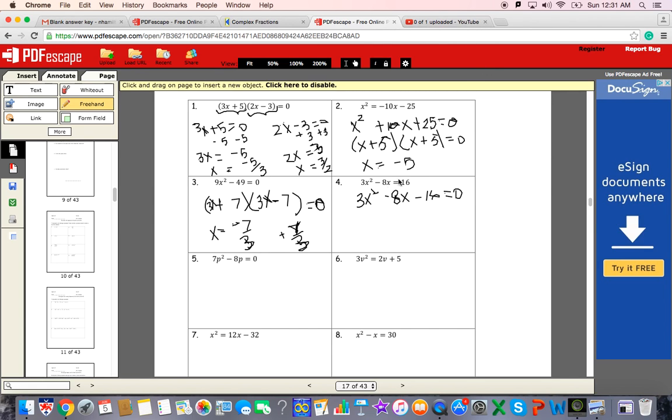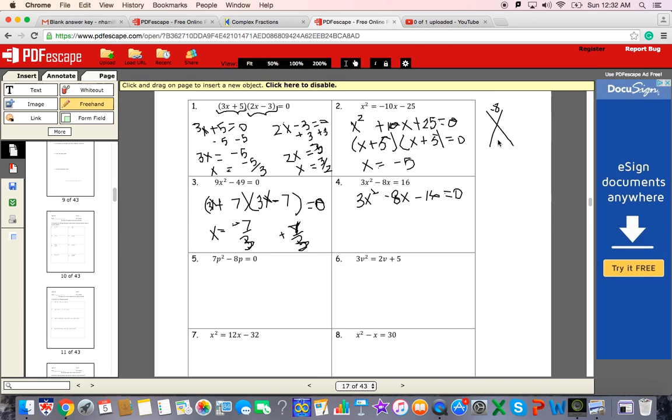All right, so in order to solve something like this, or in order to factor something like this, we first start off with the diamond. And in our diamond, we put b in the middle here. So -8. A times c goes down at the bottom. A times c should be -48.